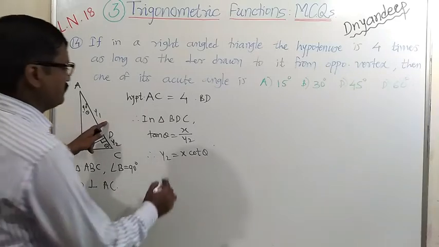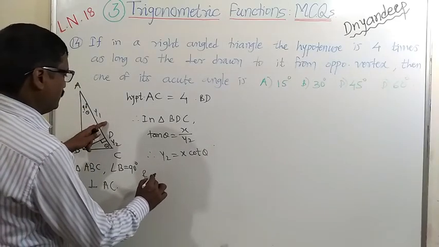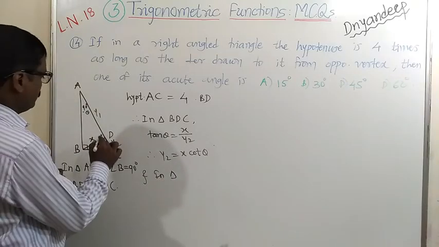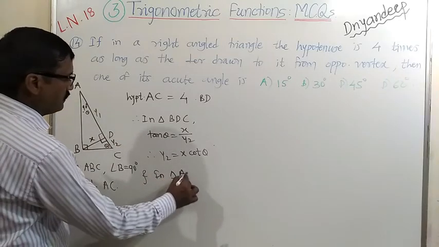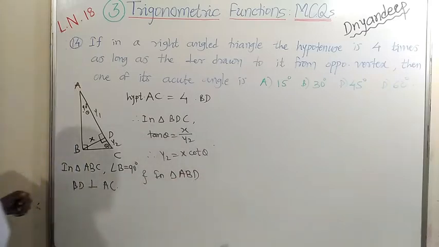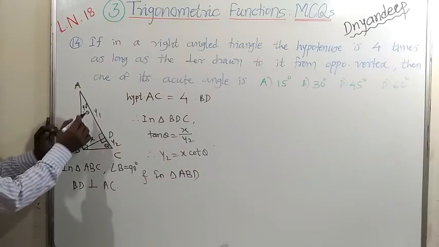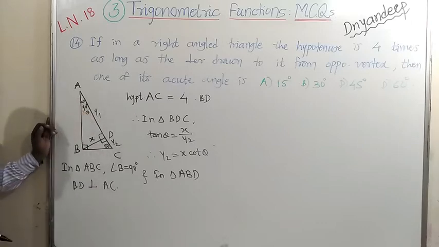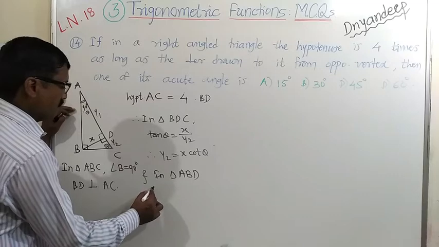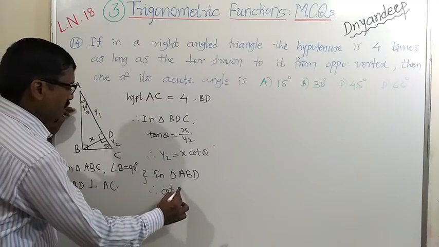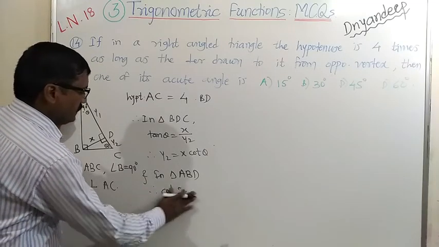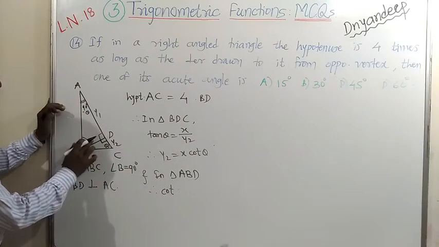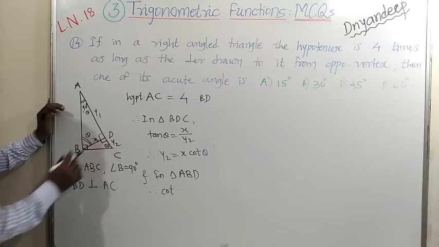And here for y1, in triangle ABD, this one is the right angle and this is 90 minus theta. So this will obviously be theta.